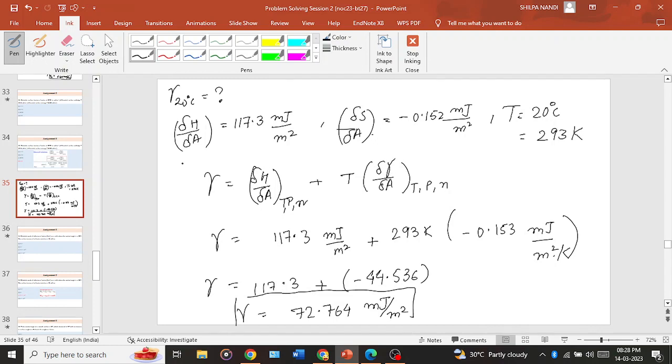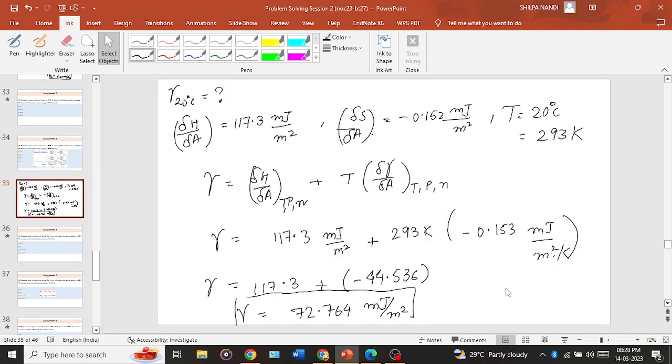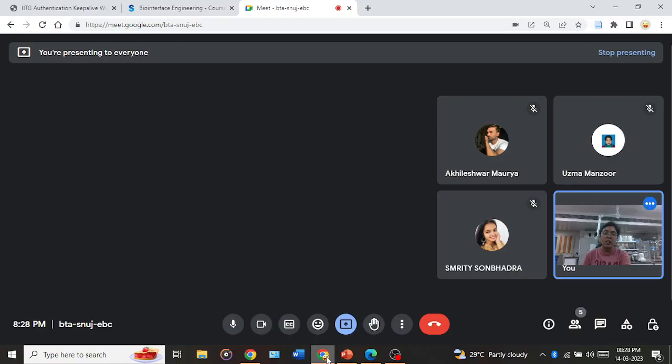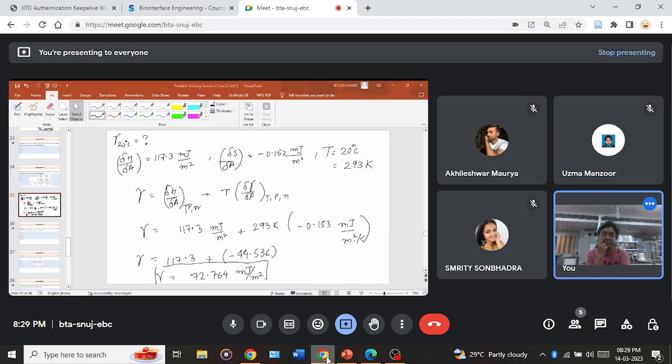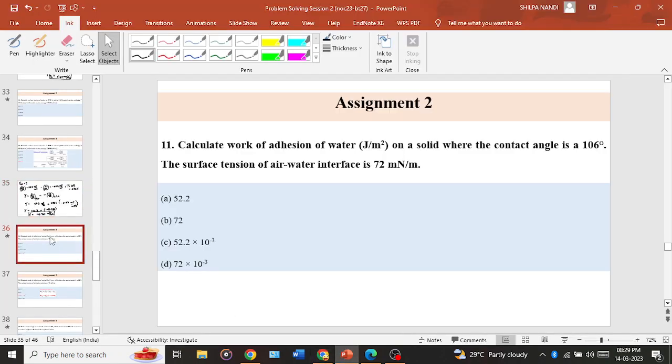So now del gamma by del A is actually equal to minus del S by del A. So minus del S by del A has the value of minus 0.152, which is true here. I think till now everything is clear. Fine. We may move on to the next question.